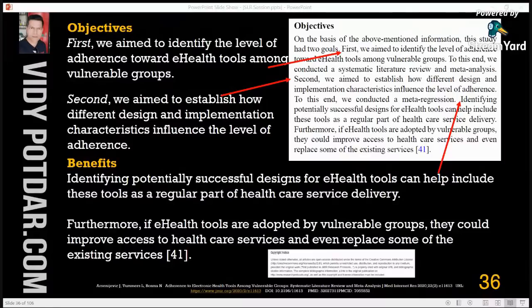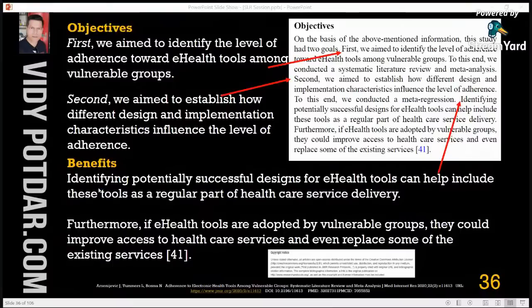To this end, we do a systematic literature review and meta-analysis. Second, we aim to establish how different design and implementation characteristics influence the level of adherence.